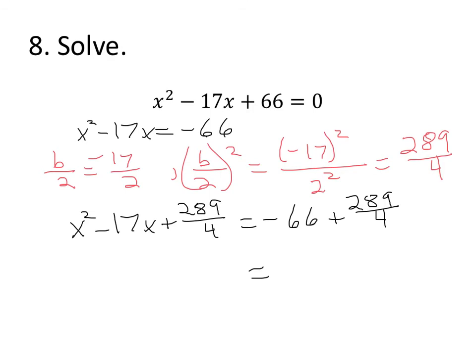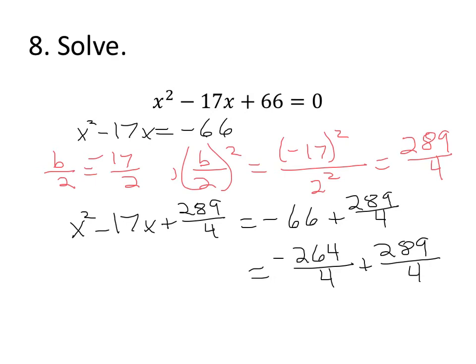On the right we need to multiply 66 by 4 so that we can have something over 4. In other words, we're getting a common denominator. So 66 is the same thing as 264 over 4, and then we still have the 289 over 4.